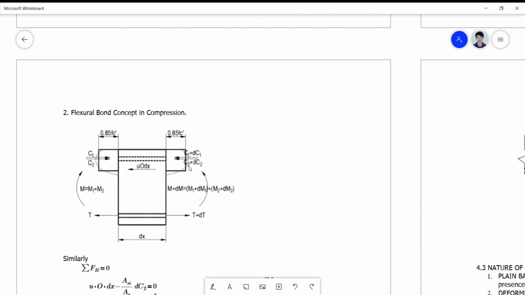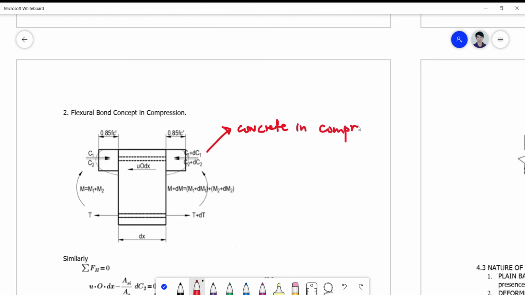C1 is for the concrete in compression, and C2 is for the steel in compression. So we are now deriving the development length formula for steel in compression.